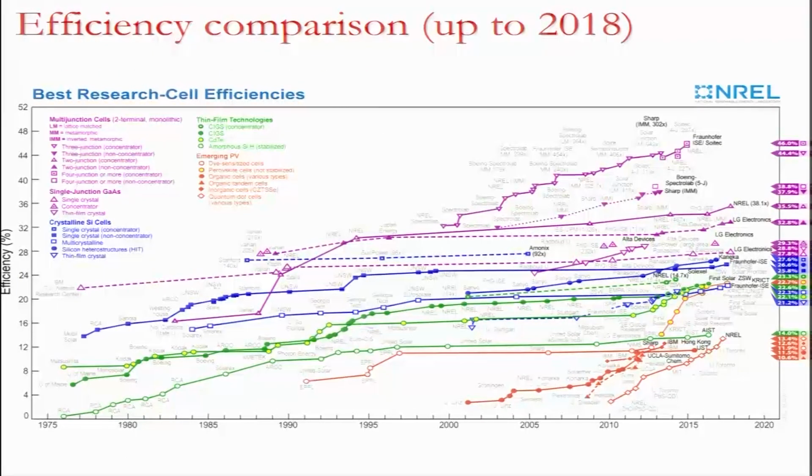And this is a famous efficiency plot from NREL, which publishes this in the public domain, and this diagram is referred to by most researchers in the world. You can see that the crystalline silicon is in the blue lines, and the non-concentrated silicon technology is about 25.8% as of 2000.